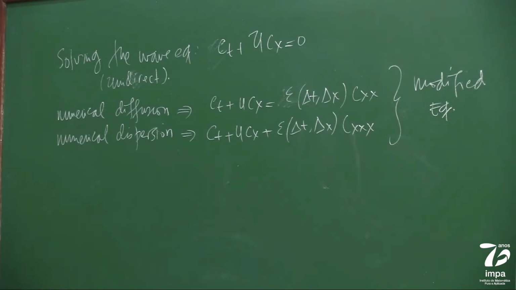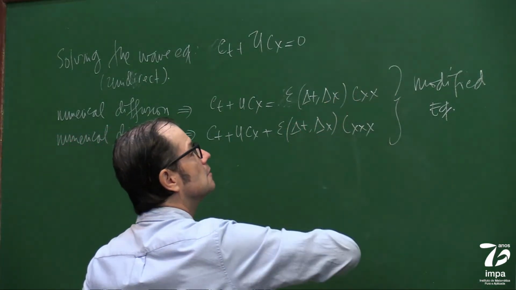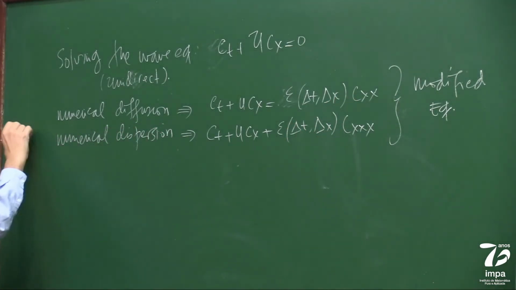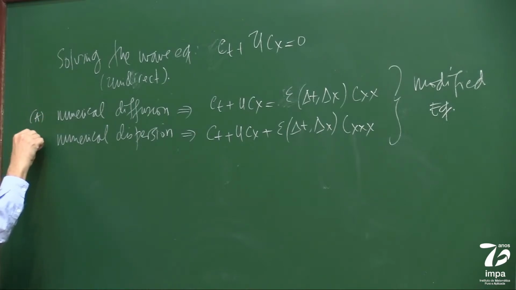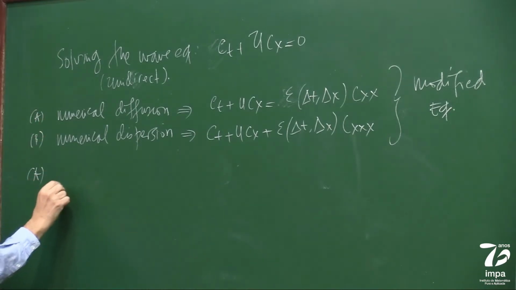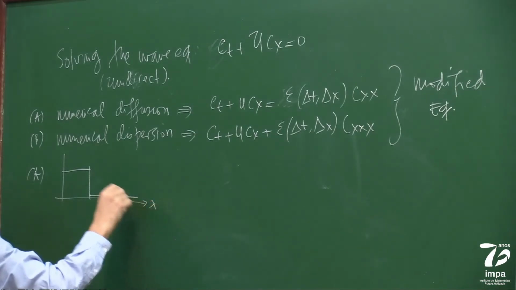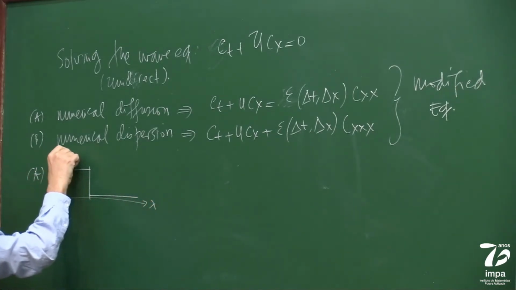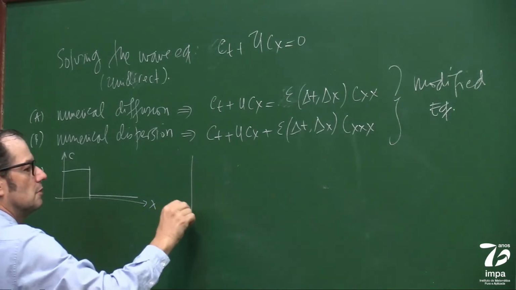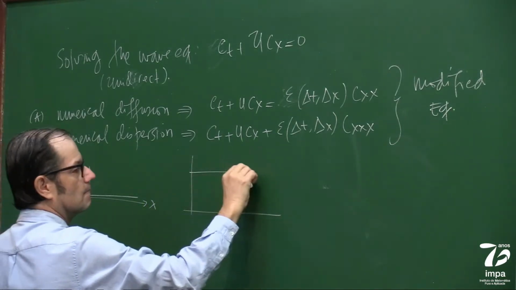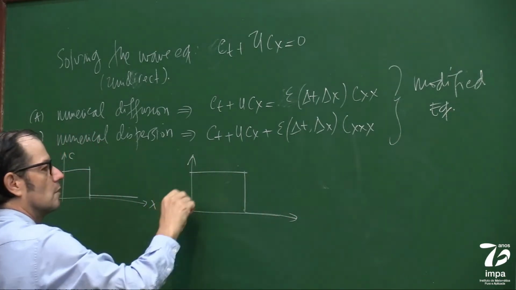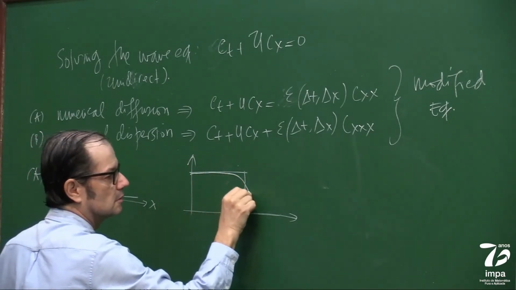And actually part of the exercise was to see, so let me call this maybe A, B, and to see that A, if you have something like a front coming like this, it will eventually, with the first method, go like this.